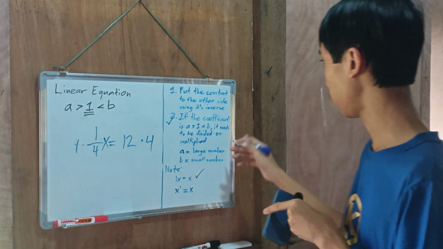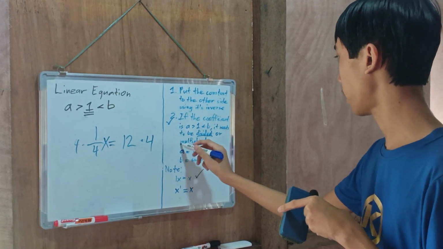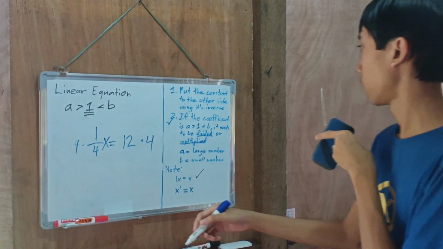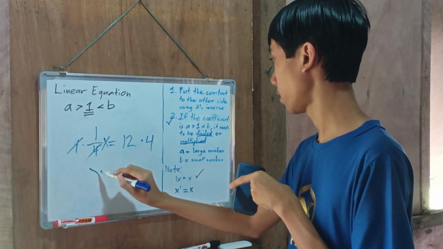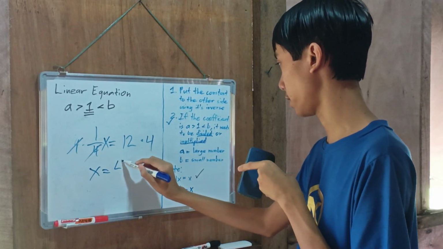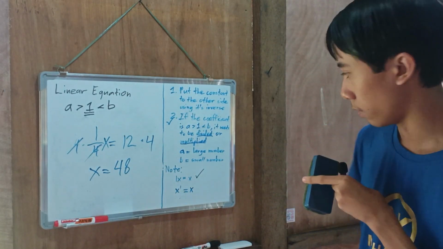That's why we see this divide and multiply rule. x equals 48.